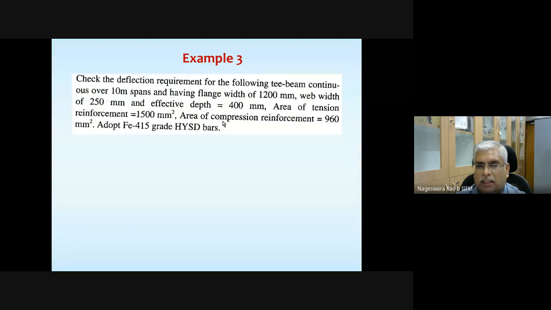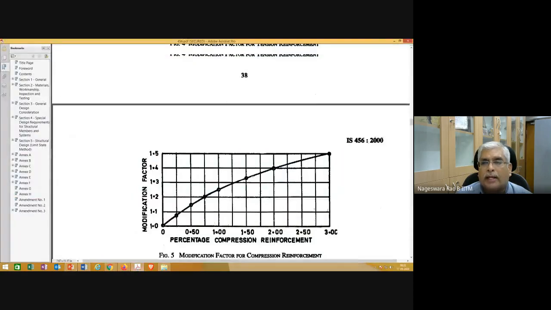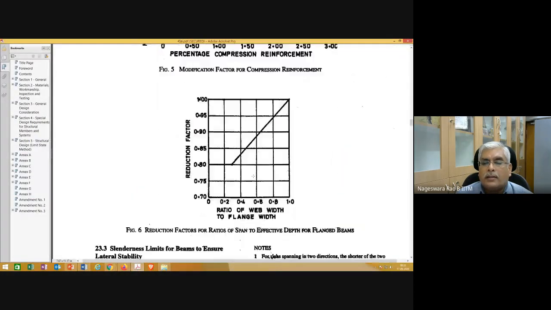And effective depth D is given. Area of tension reinforcement and area of compression reinforcement are given, and you need to find the percentage of steel. Please note that when you calculate the percentage of steel for flanged sections, you need to use BF multiplied by D, the width of the flange multiplied by effective depth. That is given in the code, so you need to pay attention to that. Here, instead of modification factor, this value is going to be less than 1, so it's mentioned as reduction factor.